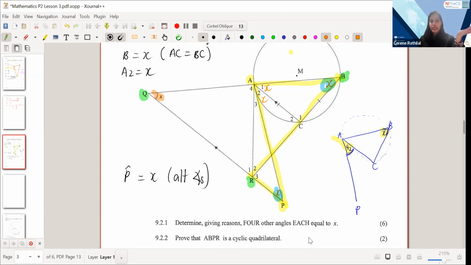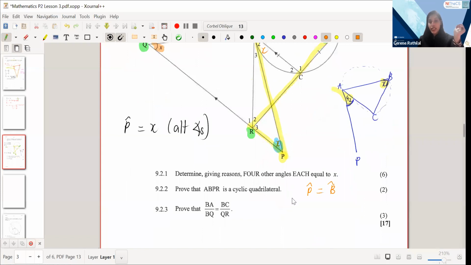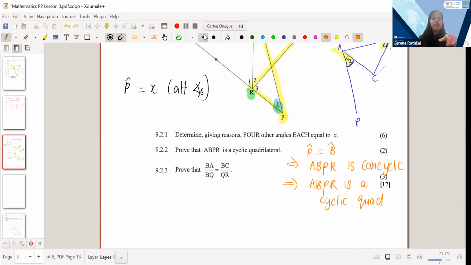You would have explained that P equals B. This implies by the result that I had shown you that ABPR is concyclic, and therefore this is the same as saying that ABPR is a cyclic quadrilateral. Okay, that's good. And you could provide a reason that the student had explained as well. It is the converse of the angles in the same segment. So that is a reason. Right? Converse.